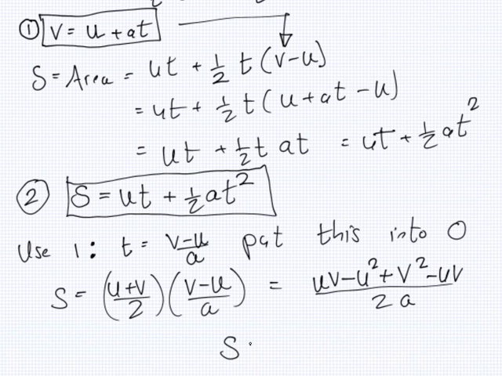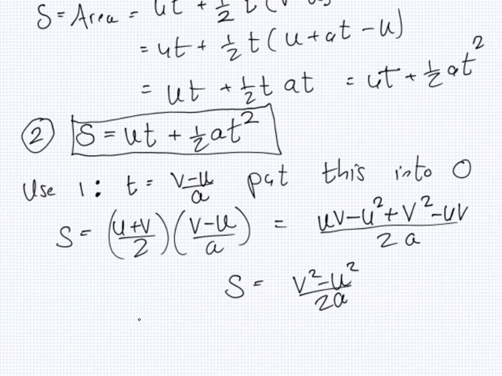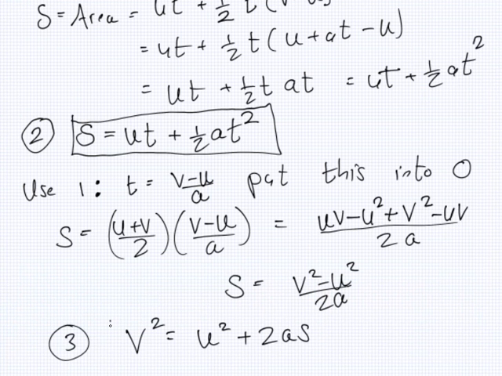So I get S equals V squared minus U squared over 2A. So finally I get V squared equals U squared plus 2AS. Formula 3.